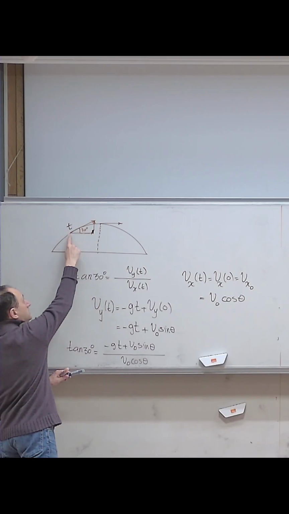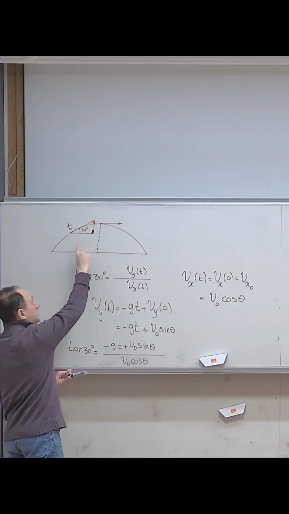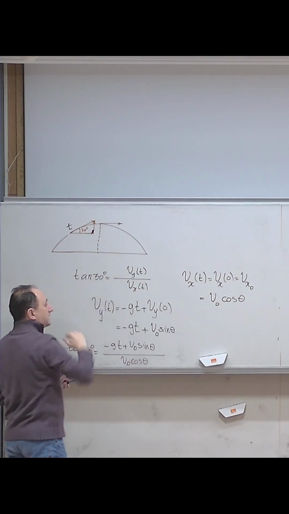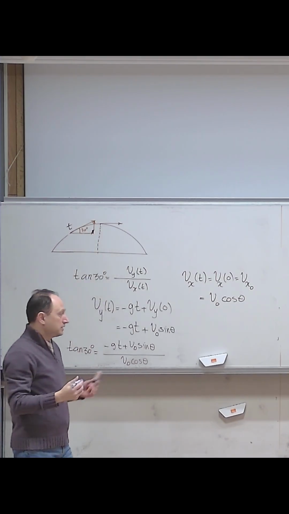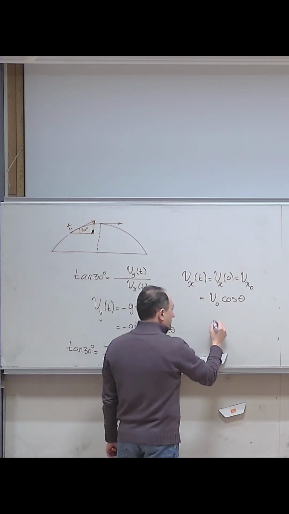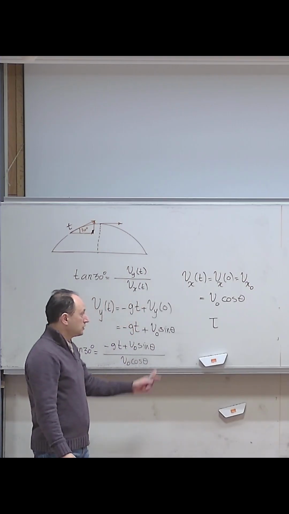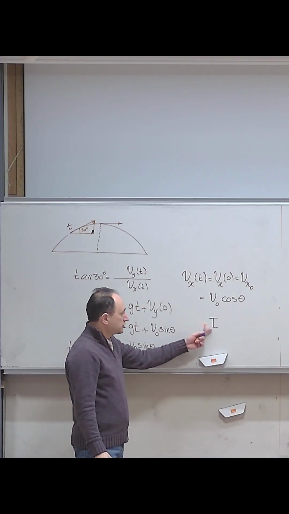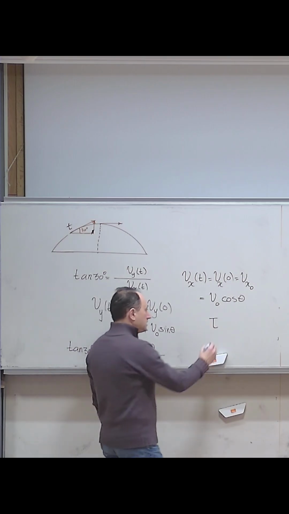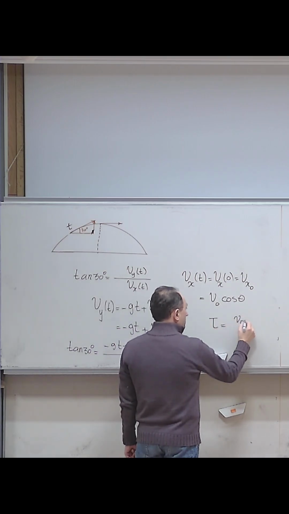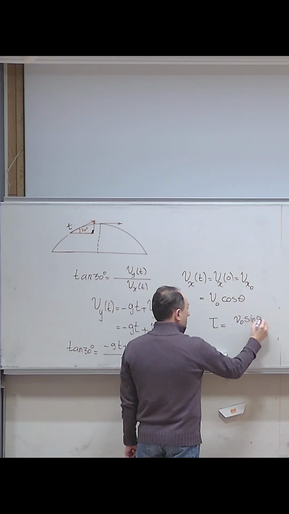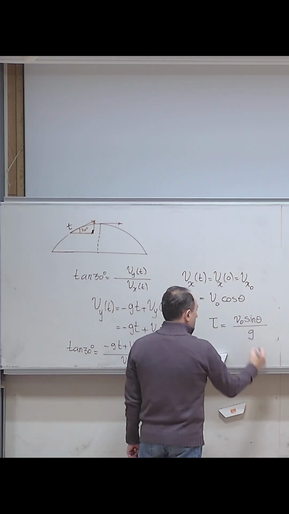But what is this t? This t has some relation with the time at which the particle reaches the top point, and that formula is very famous. If you open any textbook on the topic, you will see that this time, which I call tau here, is v naught sine theta divided by g.